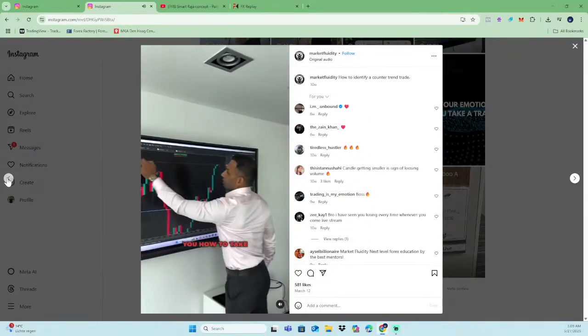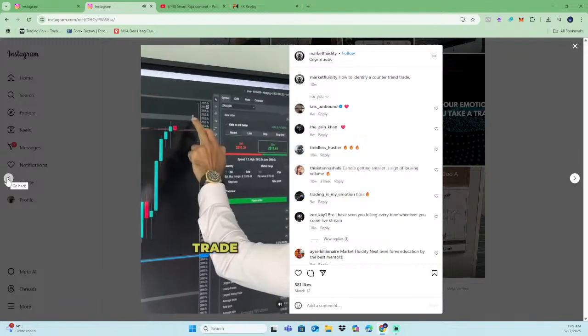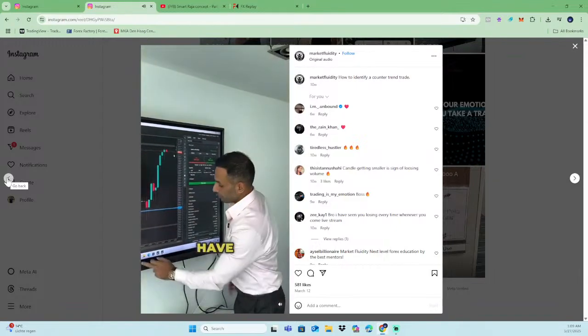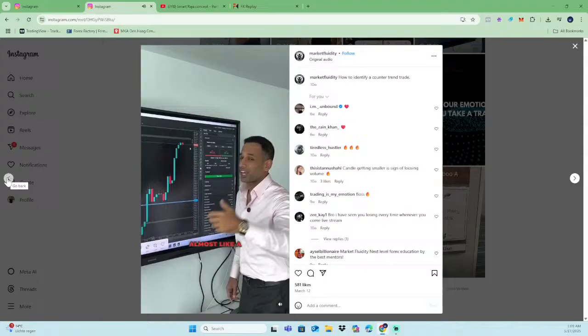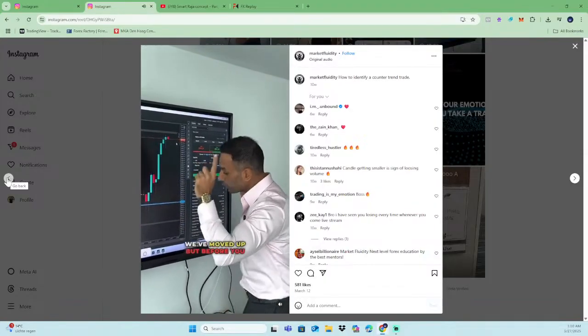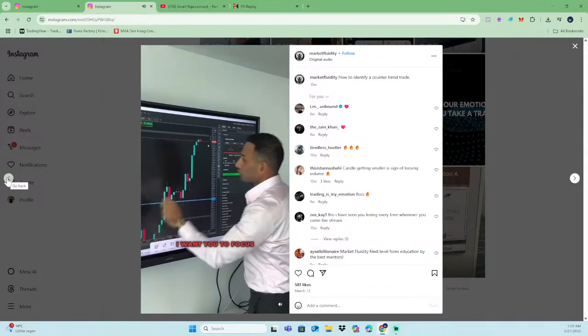I'm going to tell you how to take a counter trend trade, because now we can see how the candles have been pushing up, bullish, almost like 100 pips we've moved up. But before you even look for a counter trend trade, I want you to focus on this, right?